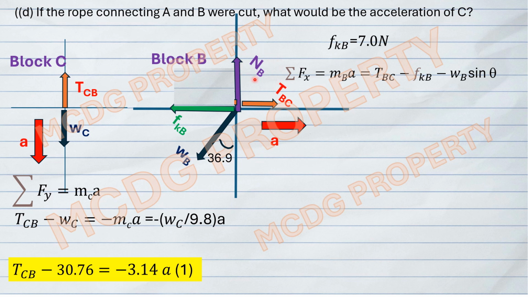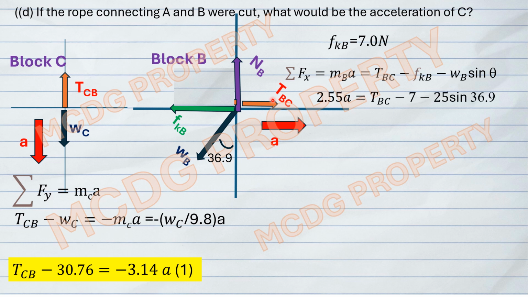So the normal force acting on block B did not change when the block is accelerating. Hence, the kinetic friction between block B and the surface will remain the same even if the block is now accelerating, because the normal force did not change.